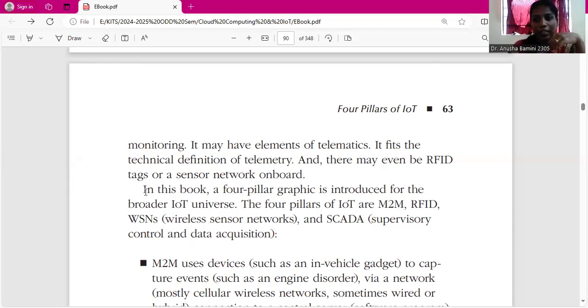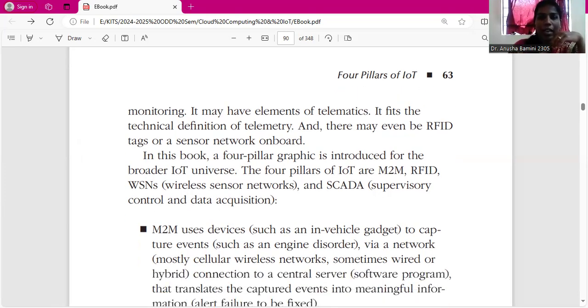Then this chapter mainly focuses on the four pillars of IoT. The main four pillars of IoT are M2M, RFID, wireless sensor network, and SCADA.